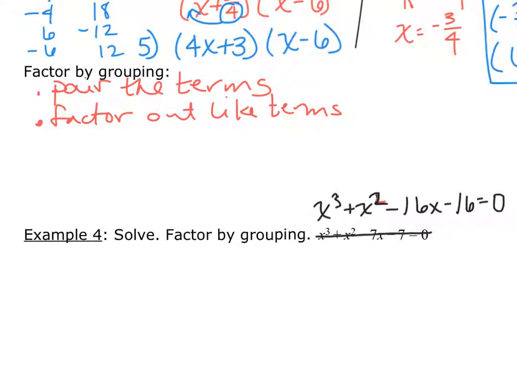Factor out your like terms, and then write your factors. Pair my terms, factor out like terms, write the factors.